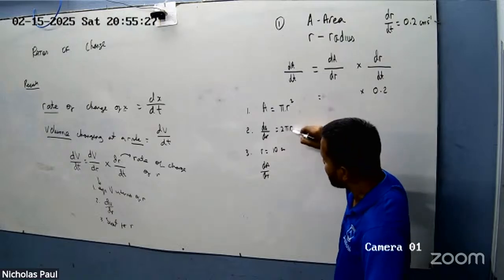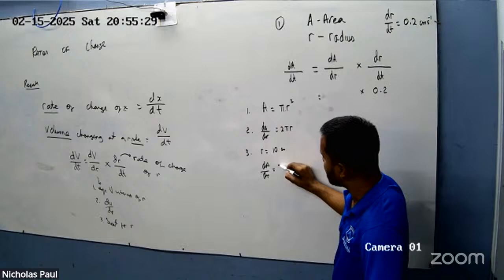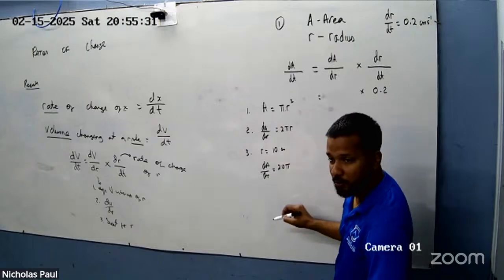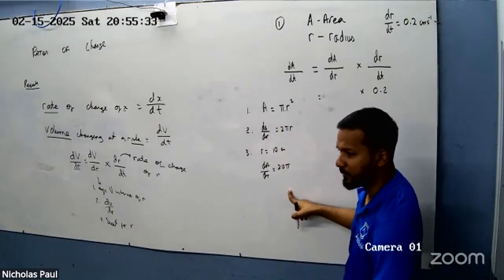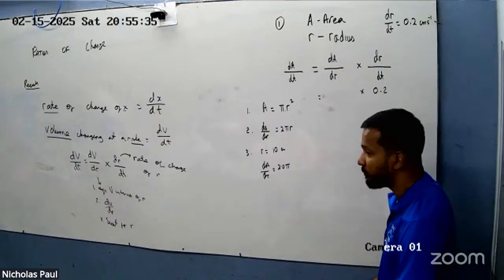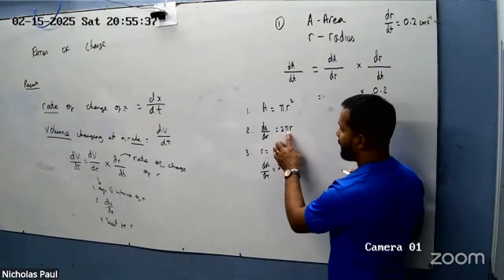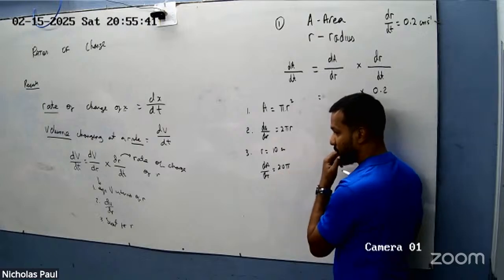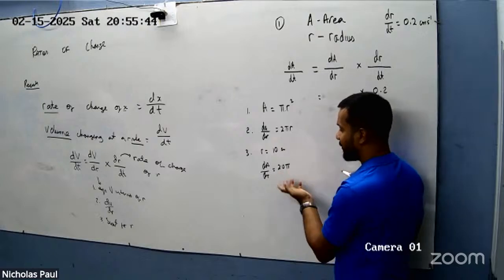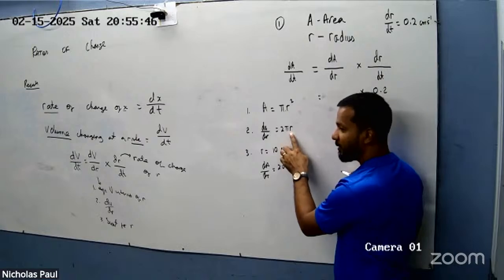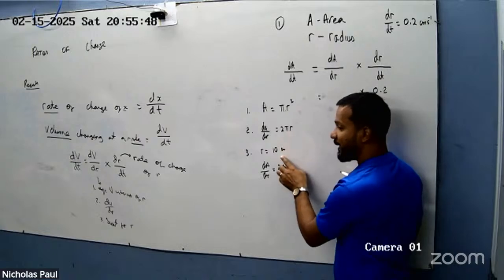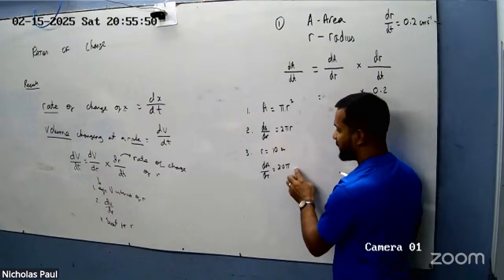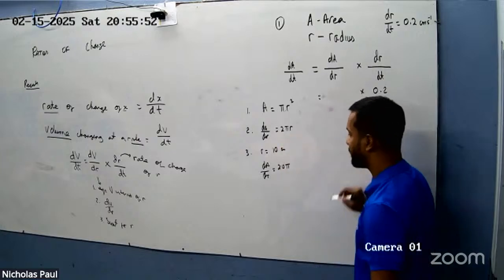So I'll get 2 times pi times 10, which is 20 pi. Leave it like that. So I put R in here, R is 10, so I'll substitute that.